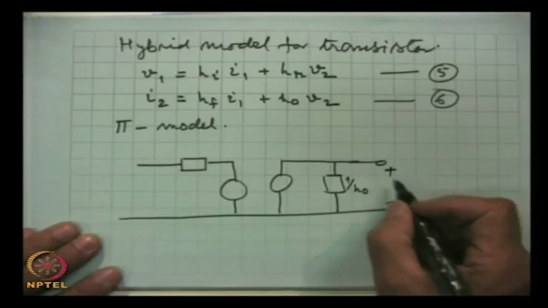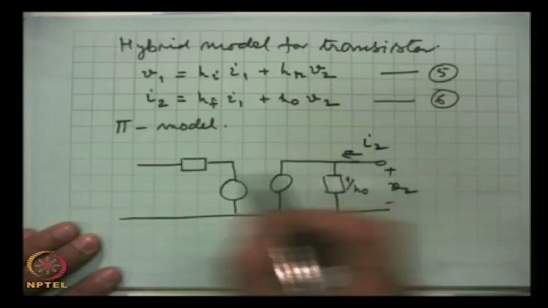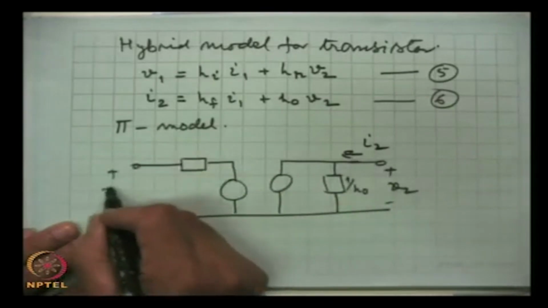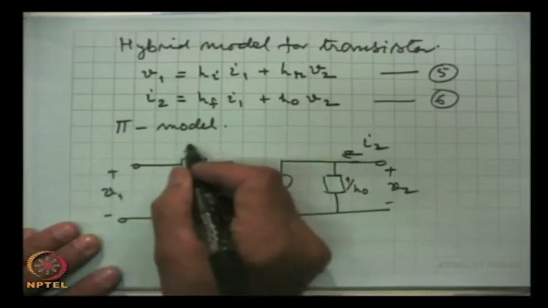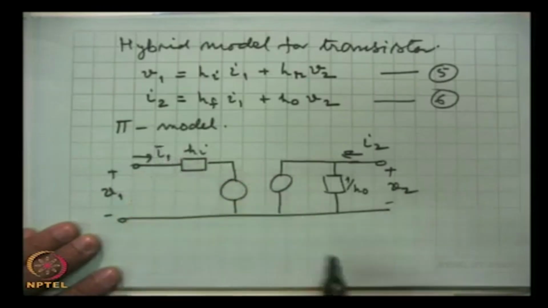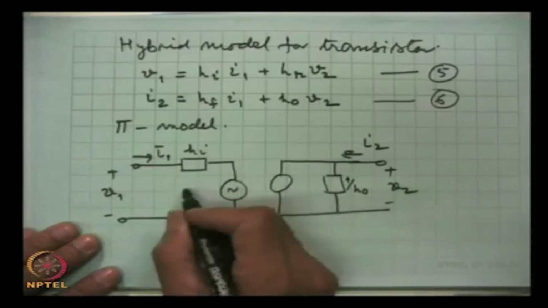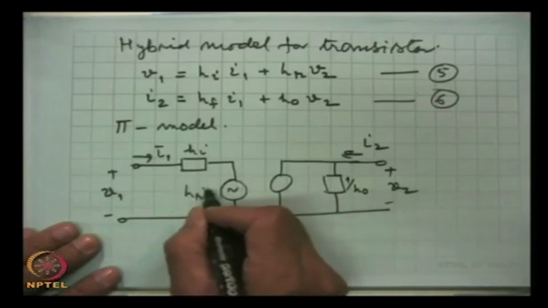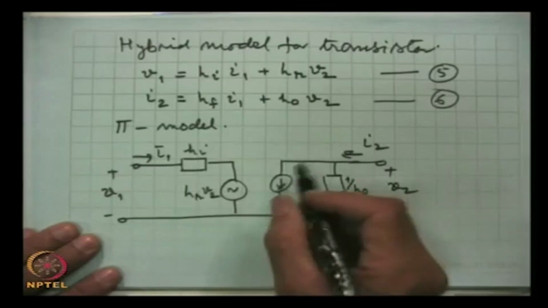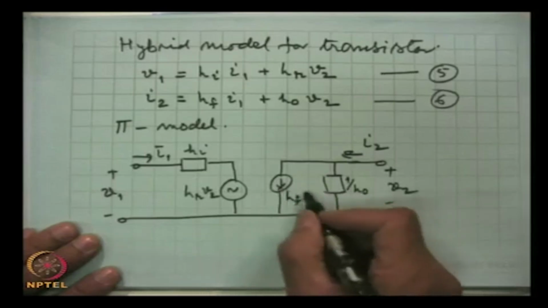Here is the voltage V2, the current I2, here this is V1, H I and current I1, and this is a voltage source H R V2, and this is the current source H F I1.